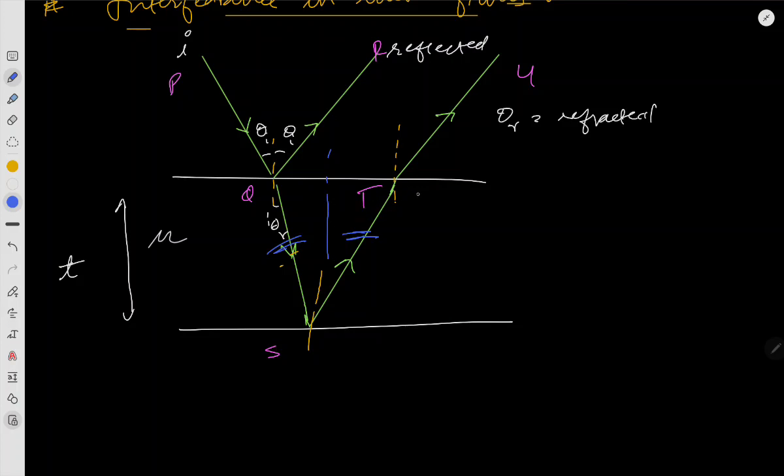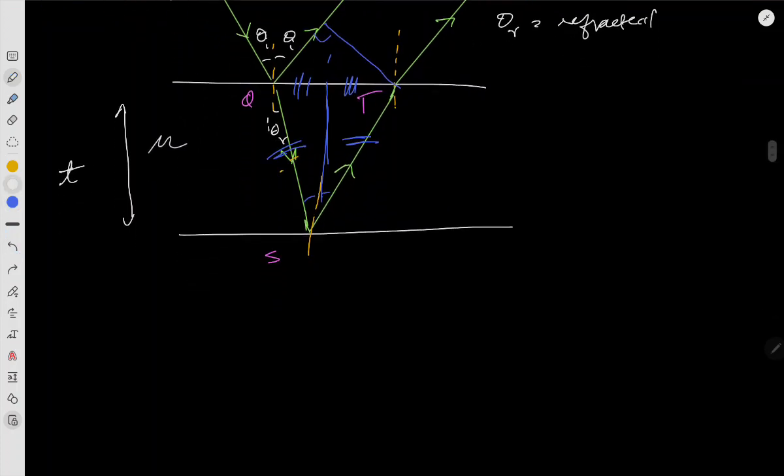Now if I draw a perpendicular onto this line and this line too, then this also is the same. As this angle both are same, so both must be same due to the similar triangle concept.